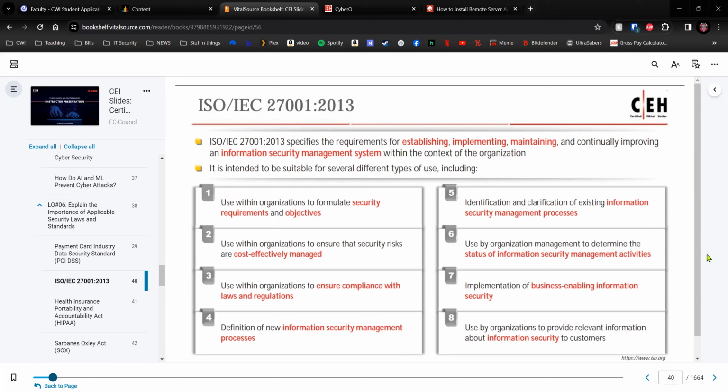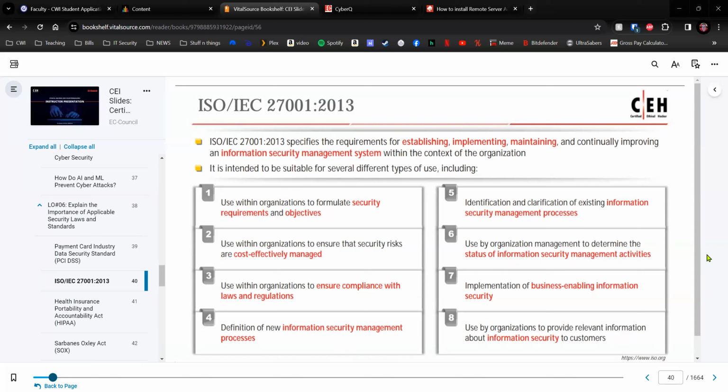It's intended to be suitable for several different types of use, including use within organizations to formulate security requirements and objectives. Usually when people talk about this, they just say ISO 27001. Sometimes if they will actually put the whole thing in for a test, you want to know the whole thing. But a lot of times when you're doing a resume or something, they just do that first part.